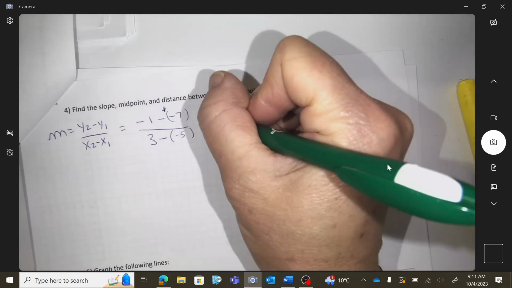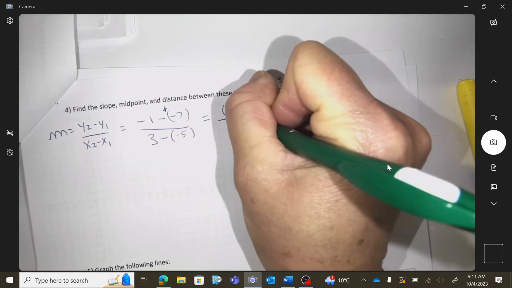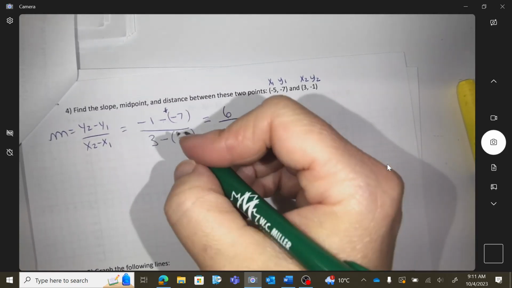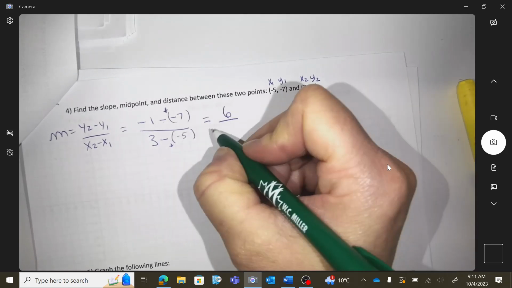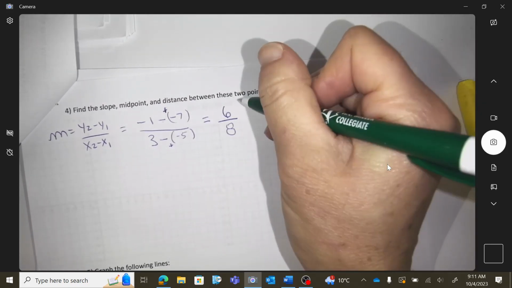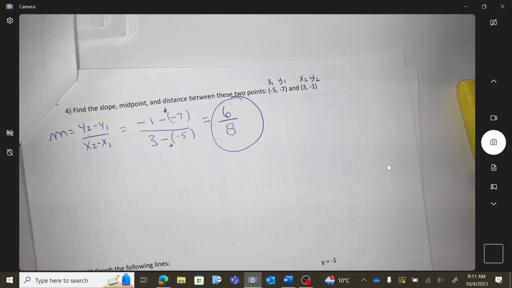So -1 plus 7, 6. And I would add it, 8. So it would go up 6, right 8. That would be the slope.